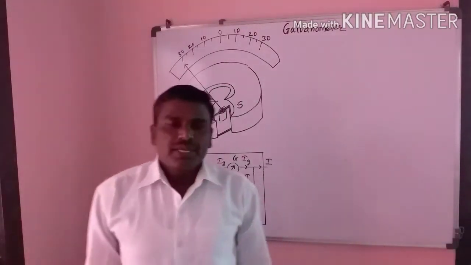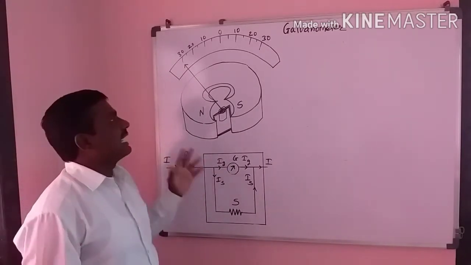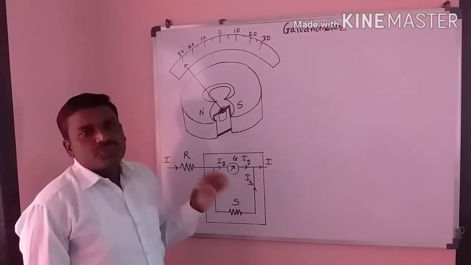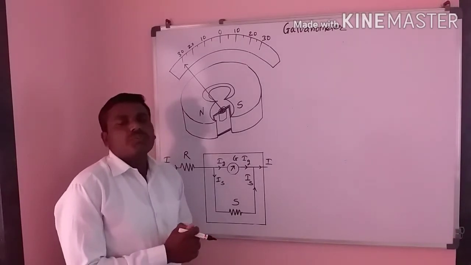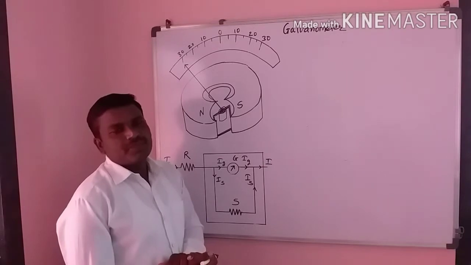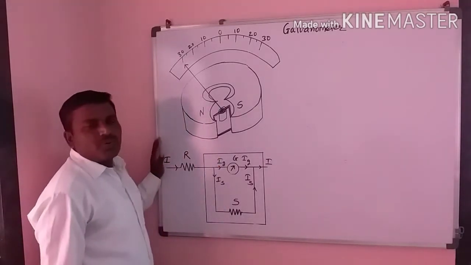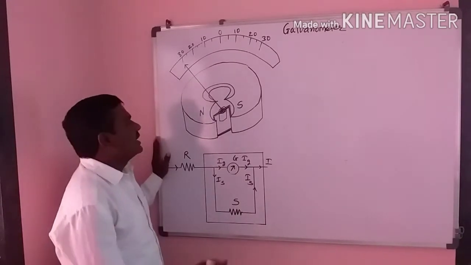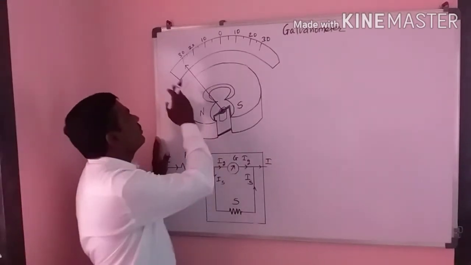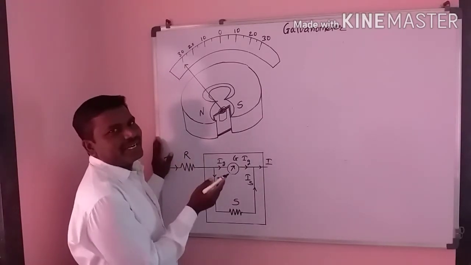Hello friends, today we will learn the next point of current electricity: the galvanometer. A galvanometer is used to measure very small electric current in an electric circuit. A moving coil galvanometer contains a pivoted coil between the horseshoe magnet.